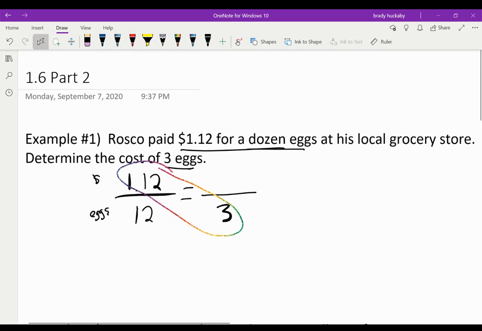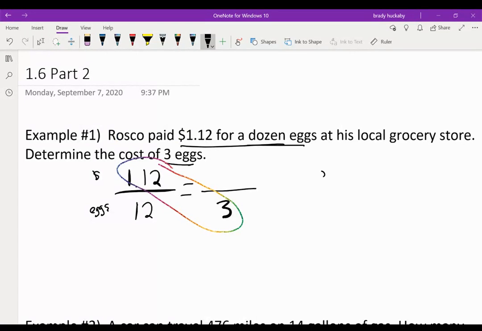You should get 28 cents for the cost of 3 eggs, and that makes sense. Setting up the proportion, this part right here is probably the hardest part for people to get. So if you can get good practice at that today, that would be awesome.